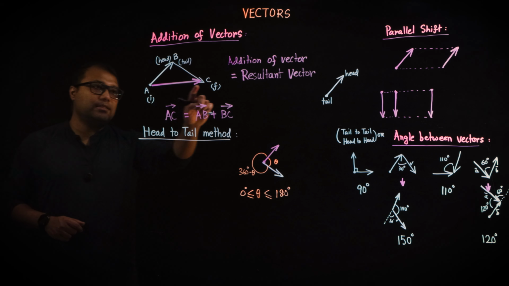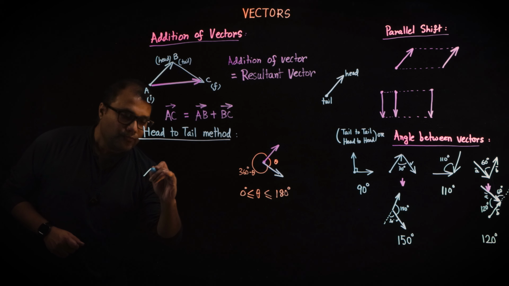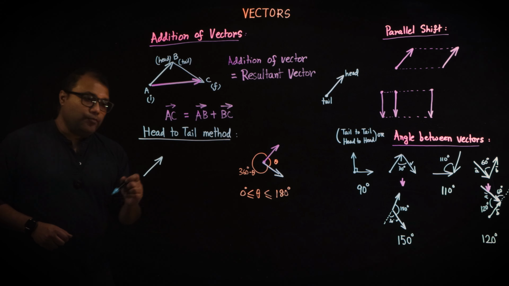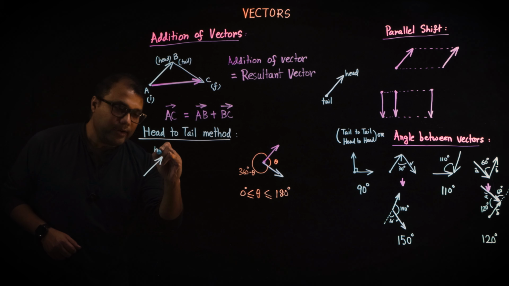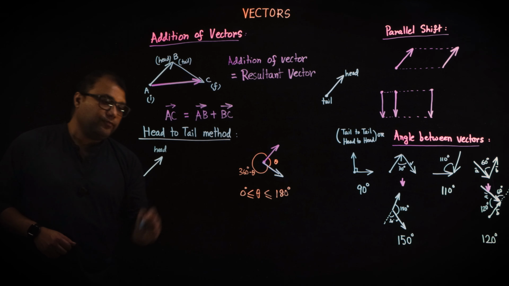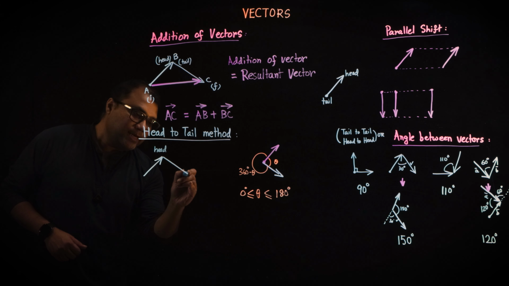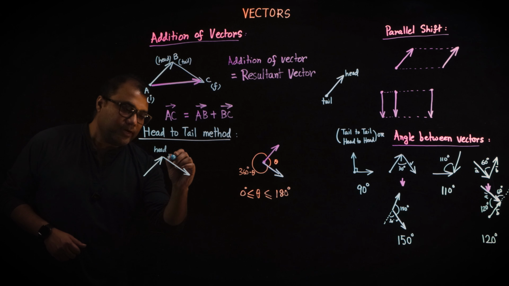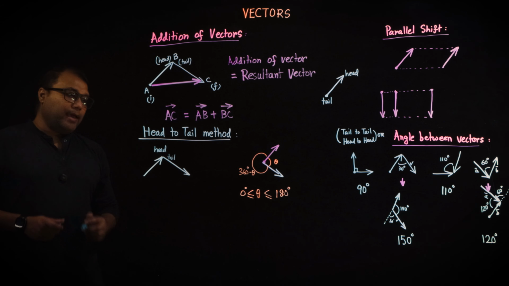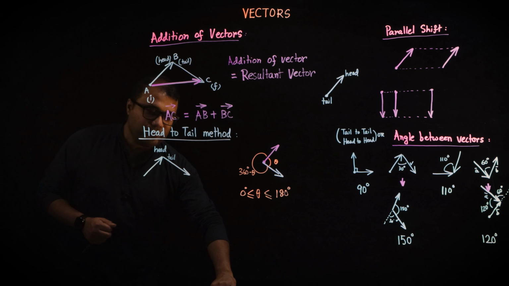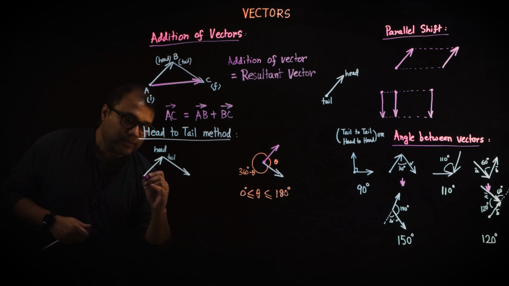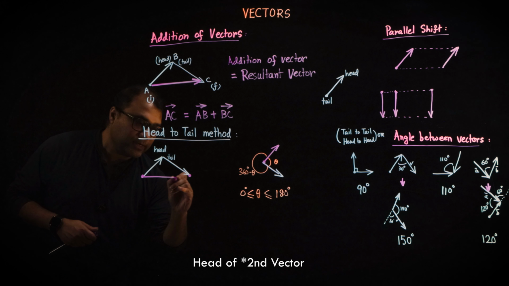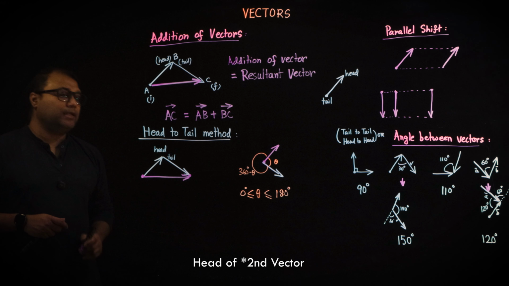So how we get the resultant is we connect the head of the first vector to the tail of the second vector, and to get the resultant vector we connect the tail of the first vector with the head of the second vector and mark that with an arrow.